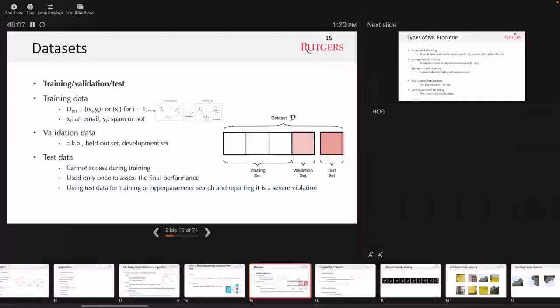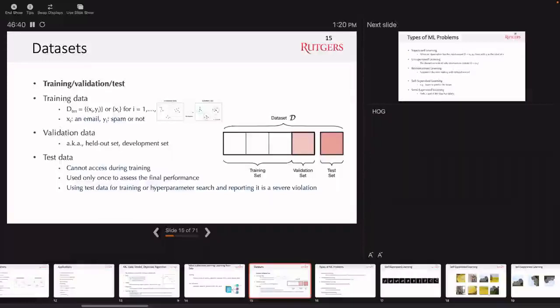For different architectures, they can train one model each. For example, if you have 10 different model architectures, you can use the same training set to train 10 models. After you train them, you can evaluate them on the validation data to see which model is the best, and you choose the best one, and that's your decision. And then you can test this specific model that you chose on the test set and report your accuracy. Okay.